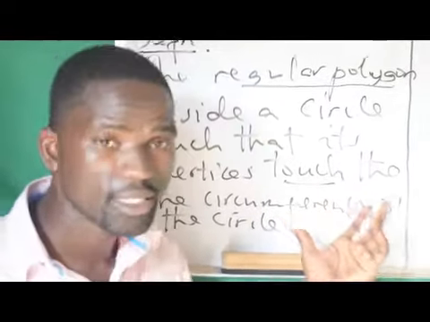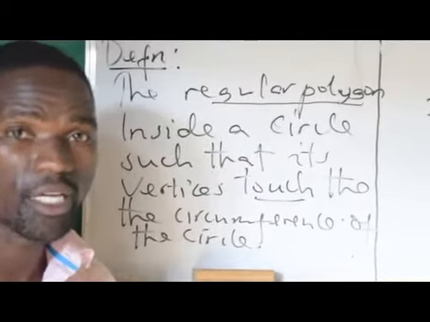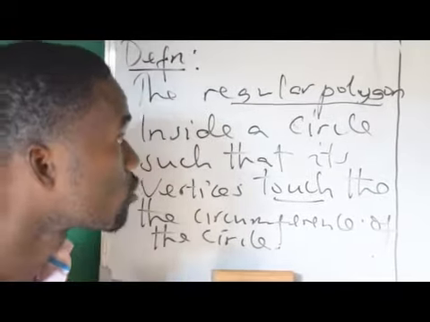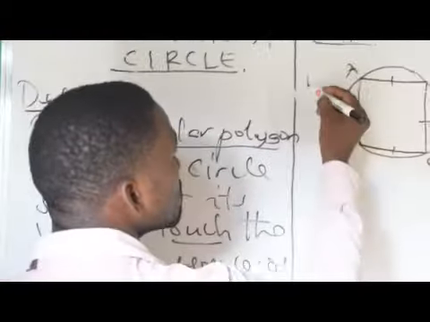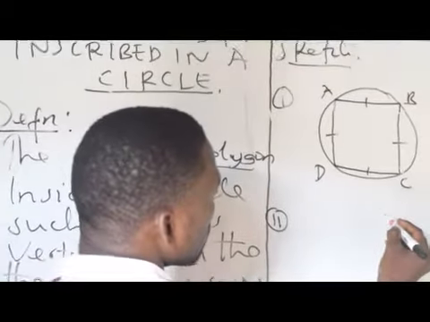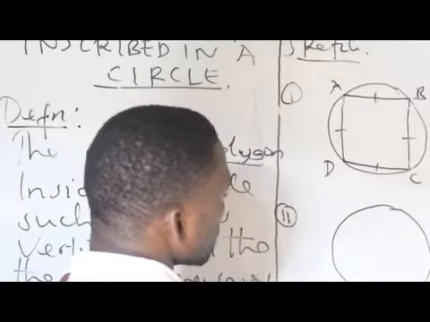So I think with that sketch and with this definition, you can draw any kind of regular polygon inside a circle. It can be a pentagon. You can draw it. There's no problem. Call this sketch 1, and this sketch number 2. Maybe you can have a circle and you draw a pentagon.